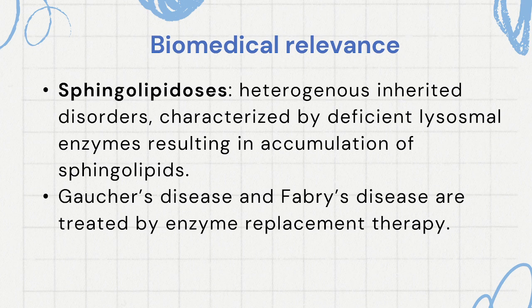So the enzymes that are needed for the breakdown or catabolism of those complex molecules are missing, and this will result in accumulation of sphingolipids. Gaucher disease and Fabry's disease are examples and are mentioned here because they are treatable conditions with enzyme replacement therapy. So the missing enzyme will be replaced, and this will affect the course of the disease immensely.